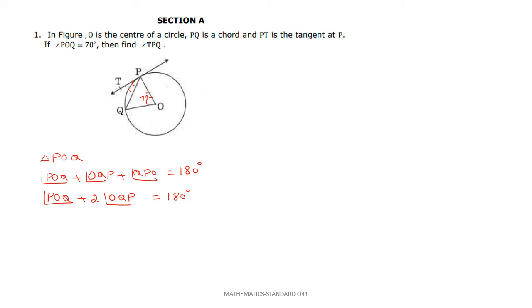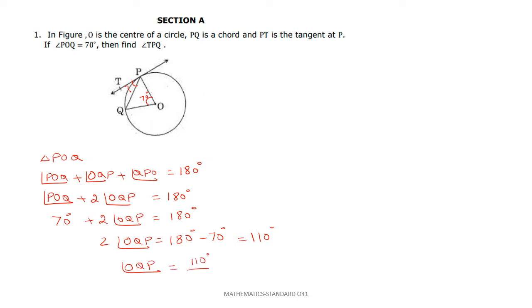Now POQ was given as 70 degree, plus 2 times angle OQP is 180 degree. So 2 times angle OQP will be 180 degree minus 70, which will give you 110. So angle OQP will be 110 degree divided by 2, which will give you 55 degree.